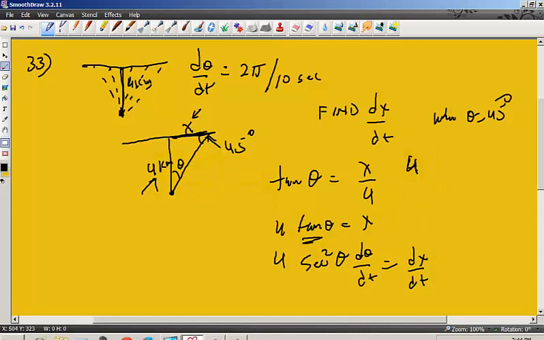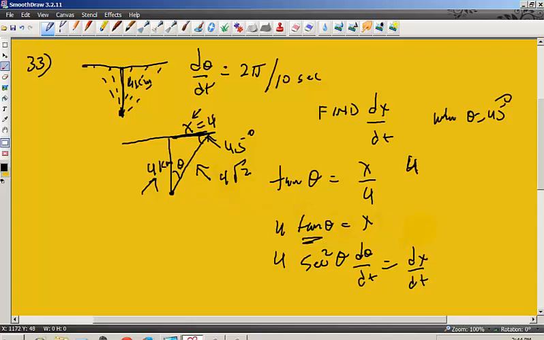If this is 4 and this is 45 degrees, what do you think x is going to be at that instant? It's going to be 4. If that's 4 and that's 4, what's the hypotenuse going to be? 4 rad 2.